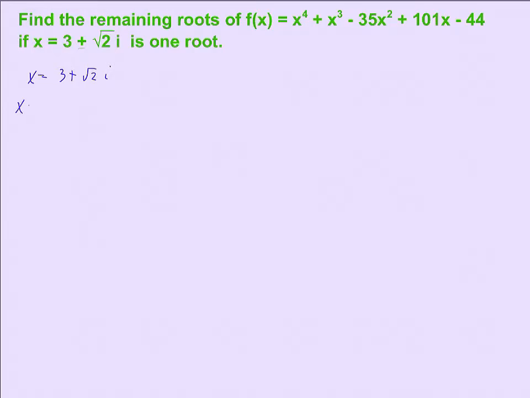So bringing the 3 over, squaring both sides. Remember, because the square root of the negative 2 is why we would have gotten the i there. And then bringing the negative 2 over, which does mean I have to FOIL out the x minus 3 squared, but then I can bring the 2 over. And so, x squared minus 6x plus 11.